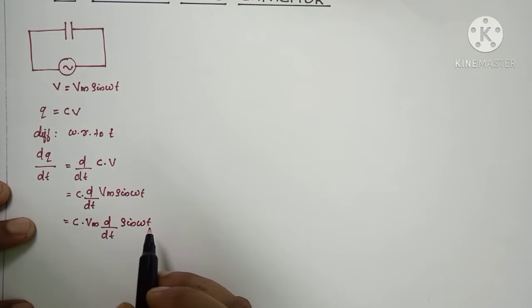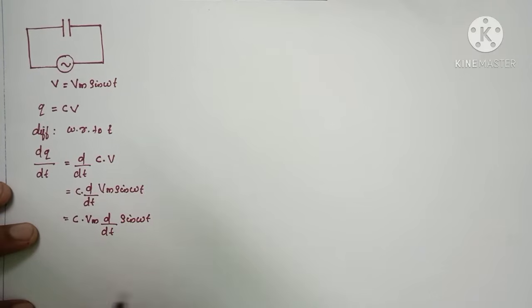What is the derivative of sin omega t? It is nothing but cos omega t, and here it is sin omega t with respect to t, so the derivative of sin omega t will be cos omega t into omega.